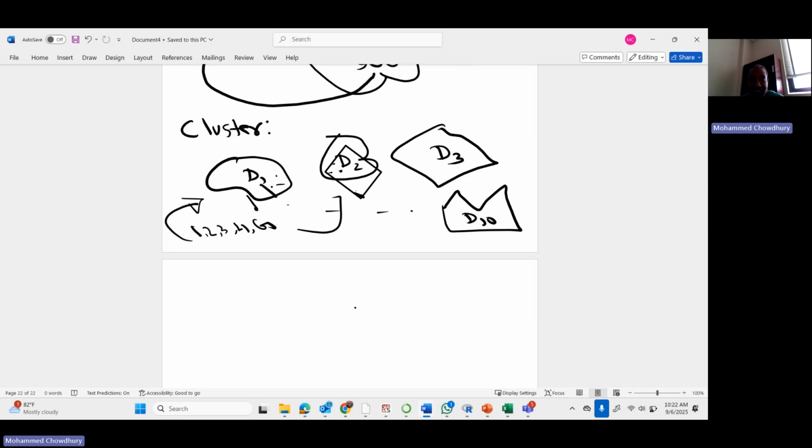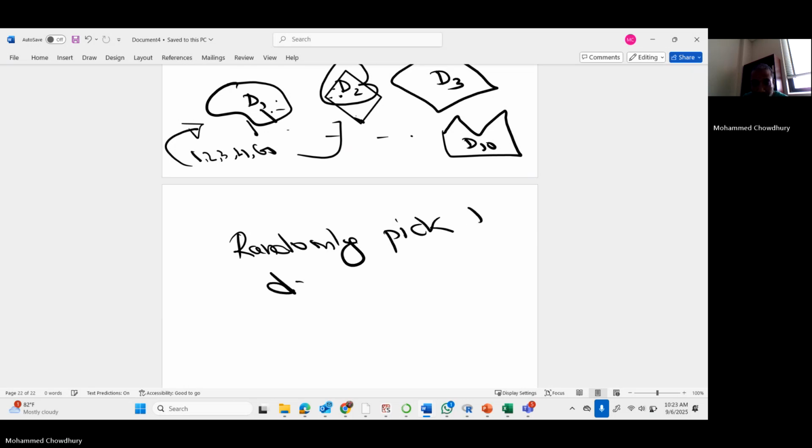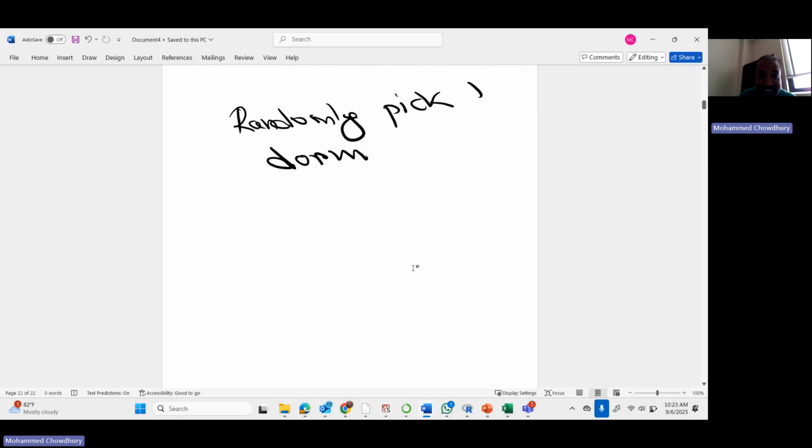So instead, randomly pick one dorm, and then consider each unit of that dorm as your sampling unit. If you collect a sample in that way, that sample is known as cluster sampling.